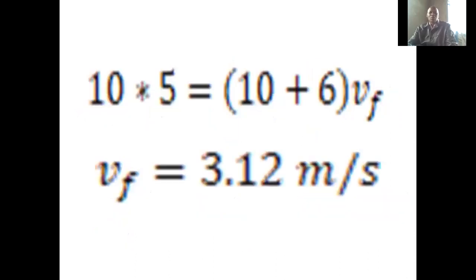We merely substitute: mass 1 is 10 kg, mass 2 is 6 kg, and the common velocity that we found, which was 3.12 meters per second. And this gives us 77.87 joules. And we have seen, as we proved the other time, that there is a loss of energy during a perfectly inelastic collision.